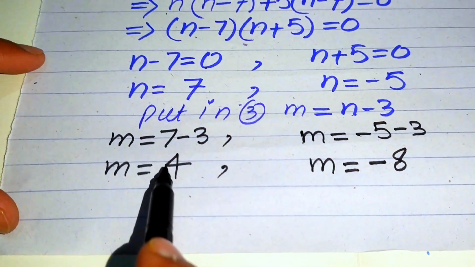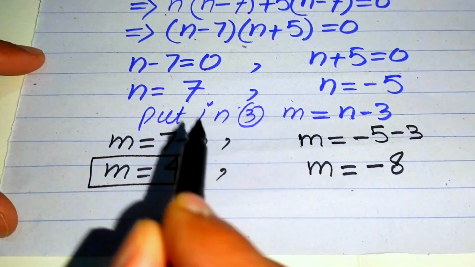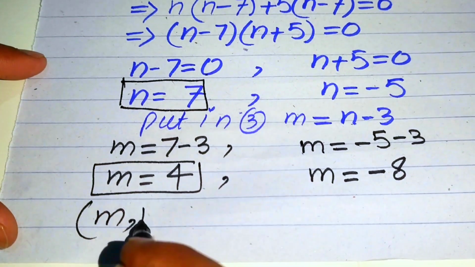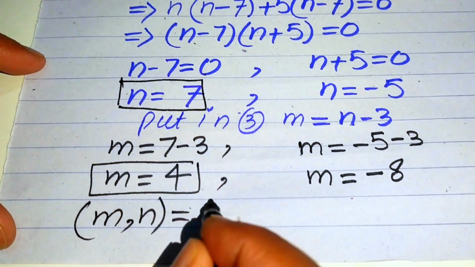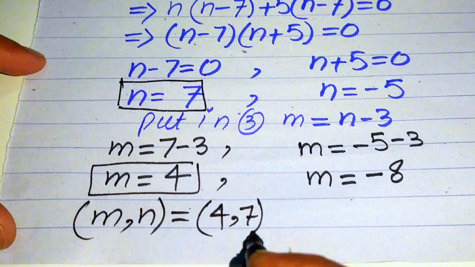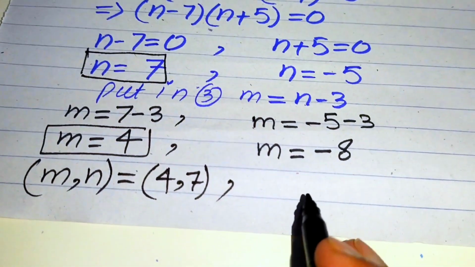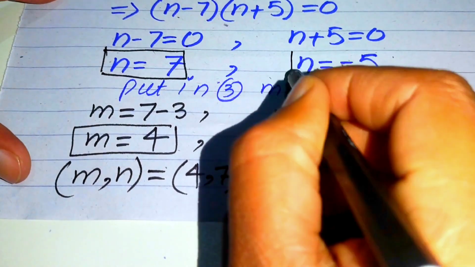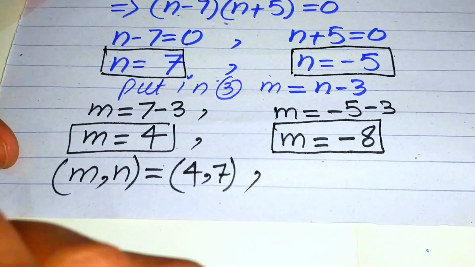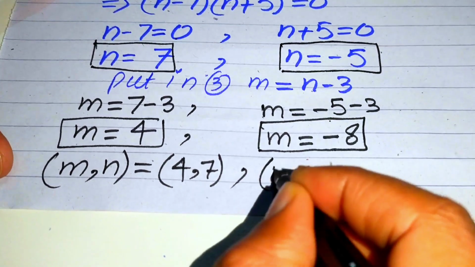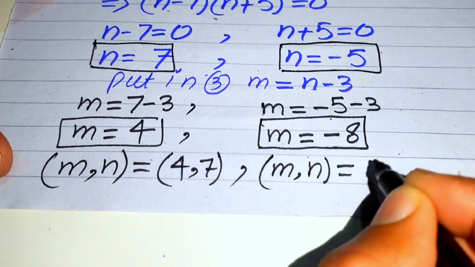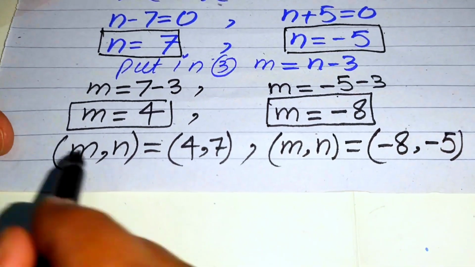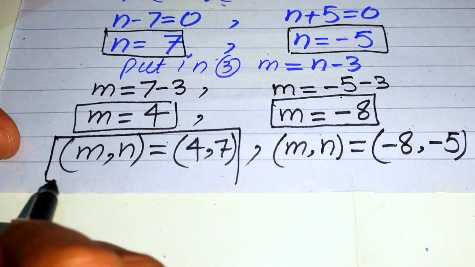We combine the value of m with the value of n and make an ordered pair of solution, denoted by (m, n), which equals (4, 7). Similarly, in the other case the value of m is minus 8 and the value of n is minus 5, so when we combine m and n we get (m, n) equals (minus 8, minus 5). So we have these two solutions of the given question.